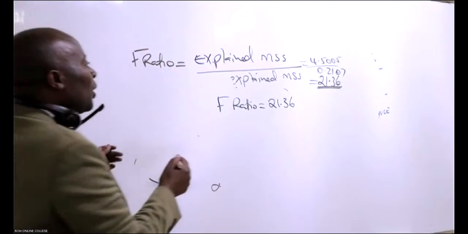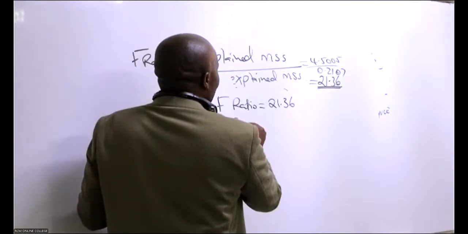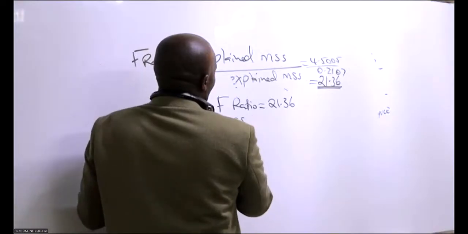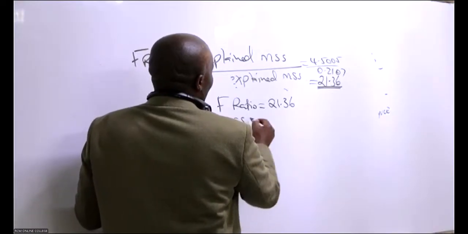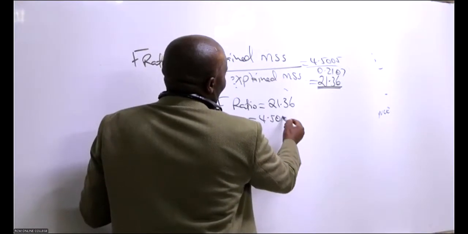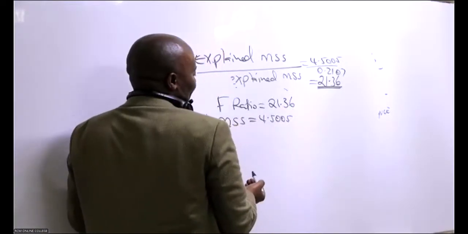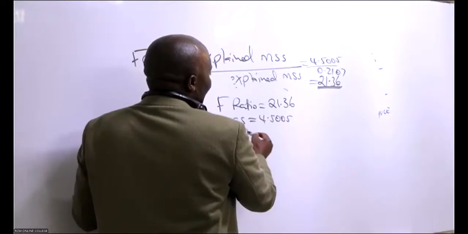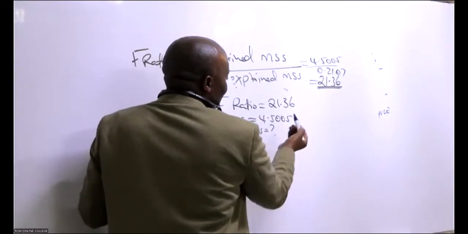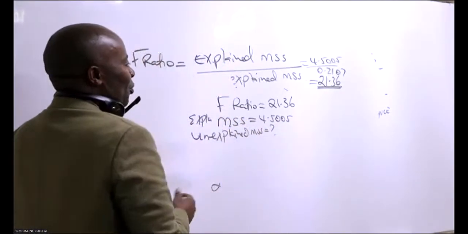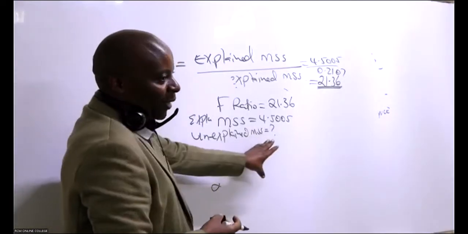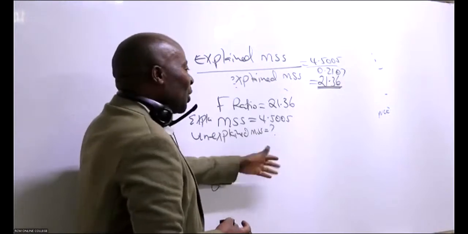And then he can go ahead and give you explained MSS, like 4.5. And then, of course, he doesn't give you an unexplained one. If he doesn't give you that, then you can play around with your numbers to get the unexplained. And then, of course, you can as well work backwards.